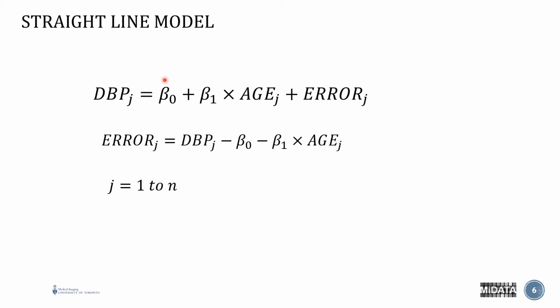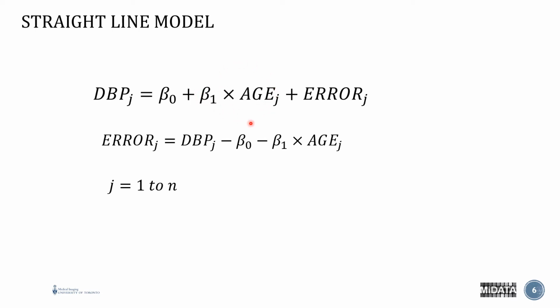So what we've added is beta naught, which is the intercept with the y-axis of your straight line, beta 1, which is your coefficient or parameter estimate for age.